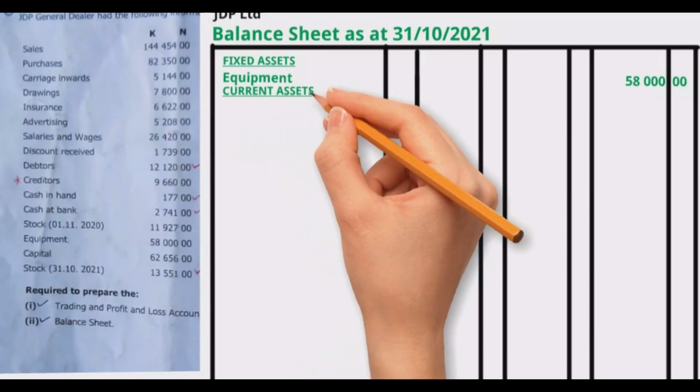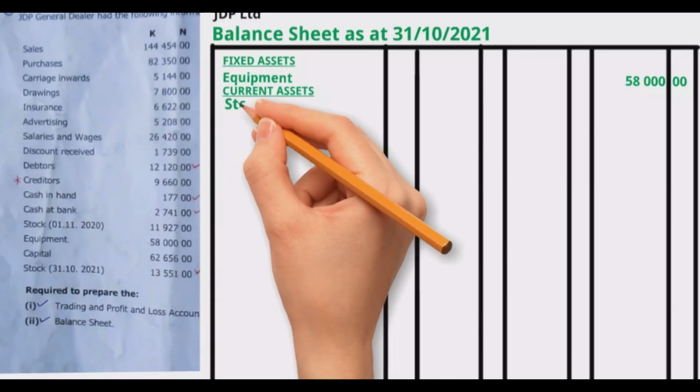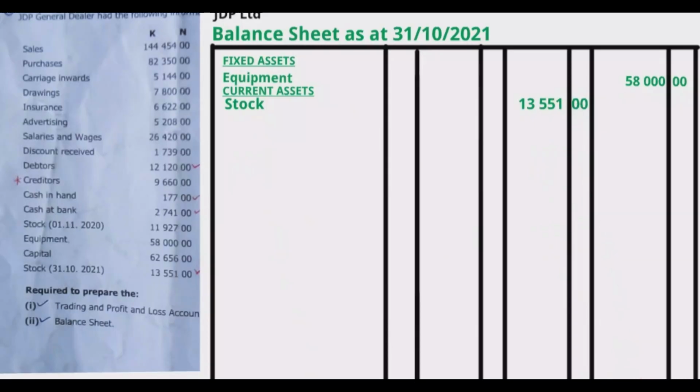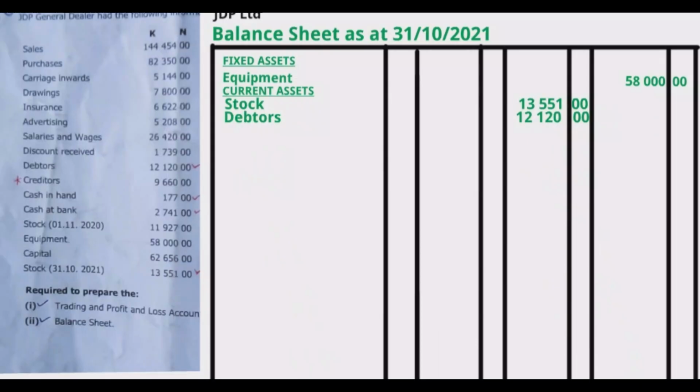Then once we've done that, we come to current assets. We have got stocks, that is the one at the end here, which is 13,551, the closing stock. Please don't take the opening stock, get the closing stock. Then we come to debtors.